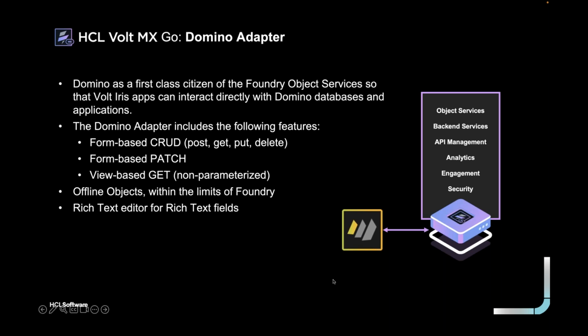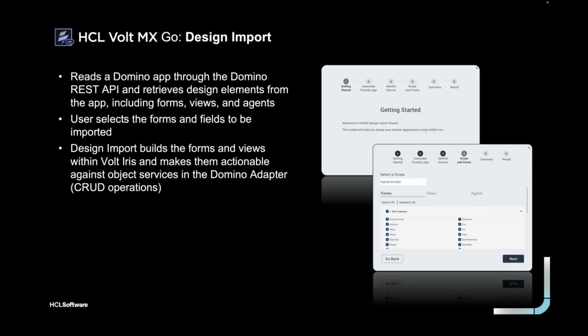As I just spoke for a moment about the adapter and the Domino REST API, both of those things can be used individually. The next aspect would be the design import of an application.